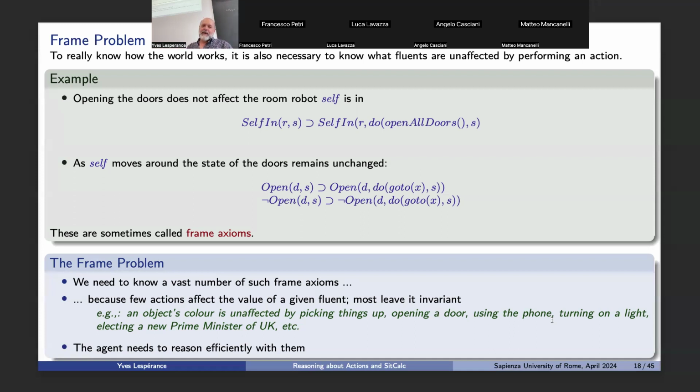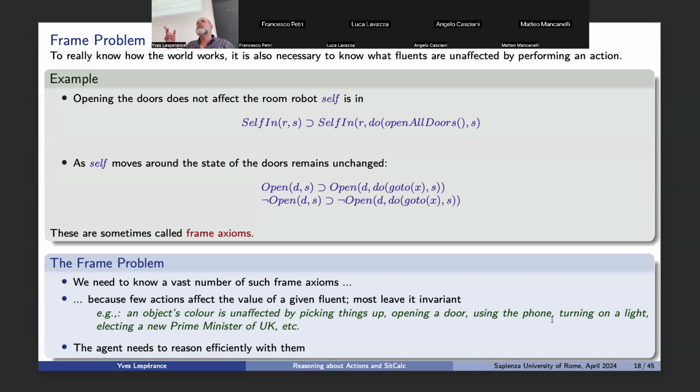Even if you could write a program that generates them all, this means that your reasoning could be slowed down by all these axioms. In general, for every pair of a fluent and an action, you're going to need a frame axiom in most cases to say that this fluent is not affected by this action.